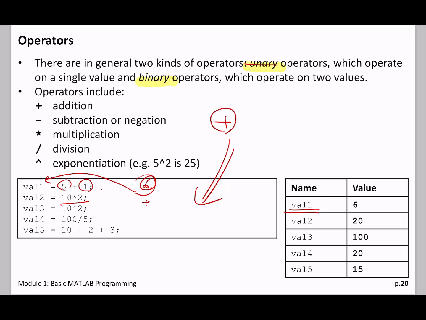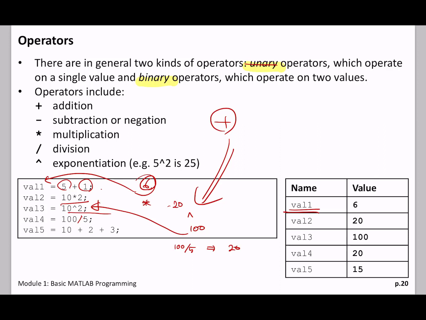The star is a product. 10 times 2 is 20, right? 20 is assigned to variable 2. This one is exponentiation, so this means 10 to the power of 2. So 100 is assigned to variable 3. This one is division. 100 divided by 5 becomes 20. That's very easy, right?